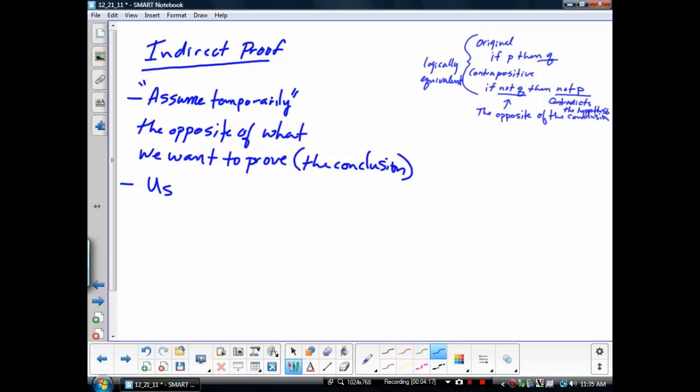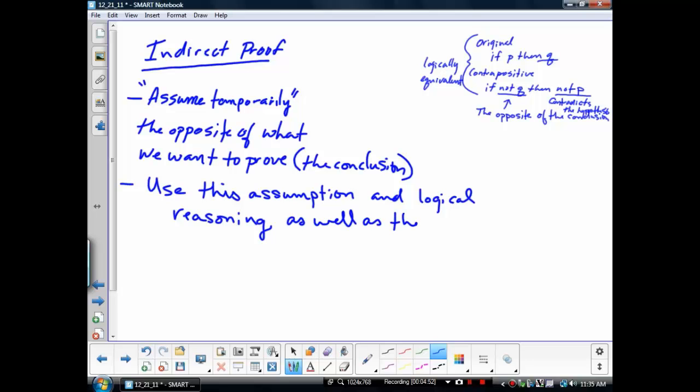So we then use this assumption and logical reasoning as well as theorems and postulates and properties, definitions.